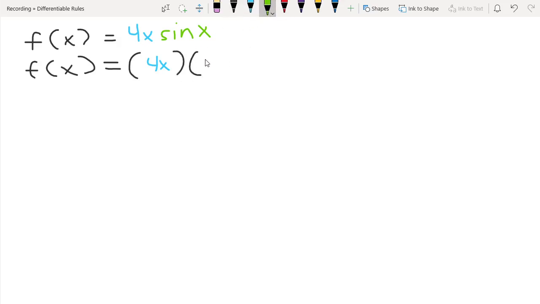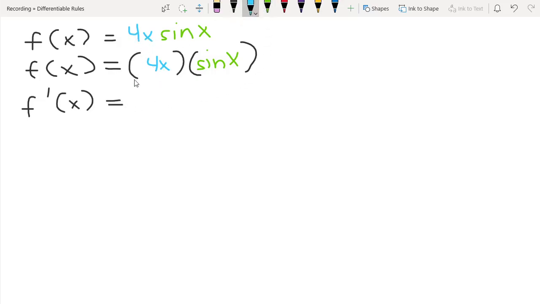So you can group them together here, just like that. And now that we know what the two terms are, this is just a simple matter of applying the equation.